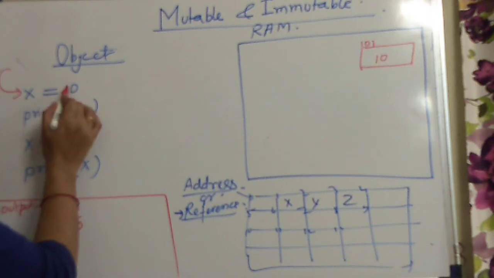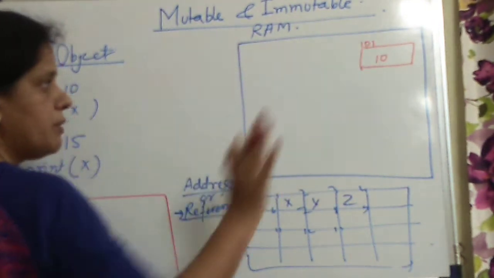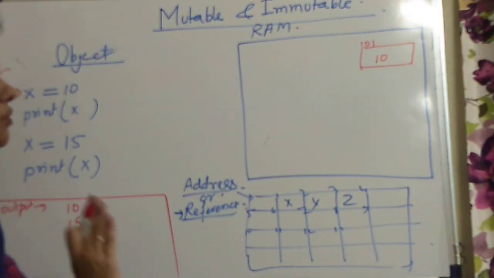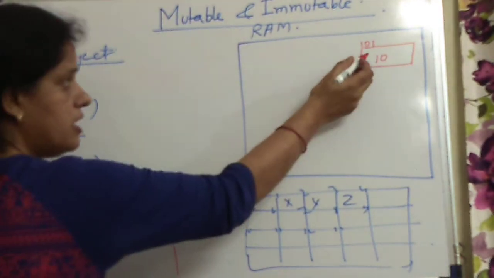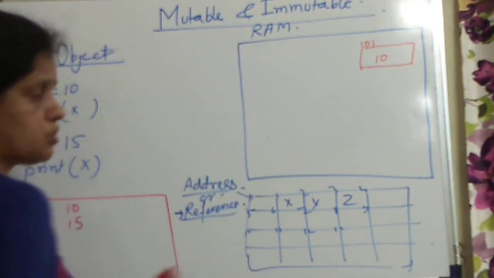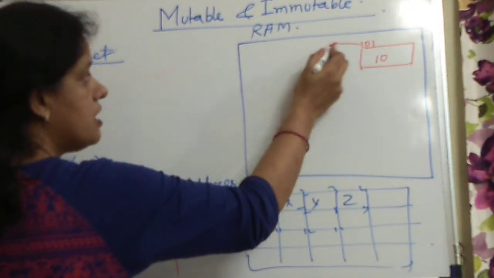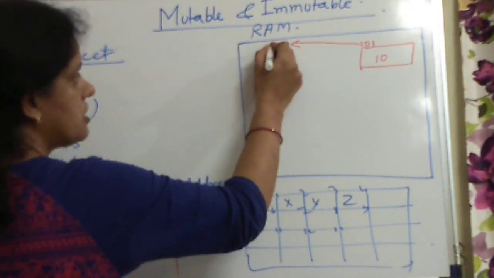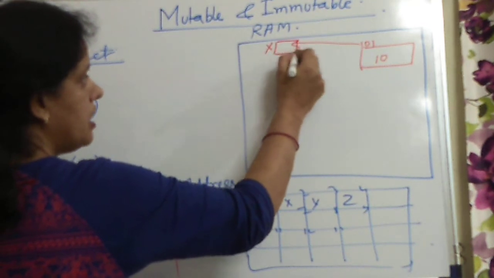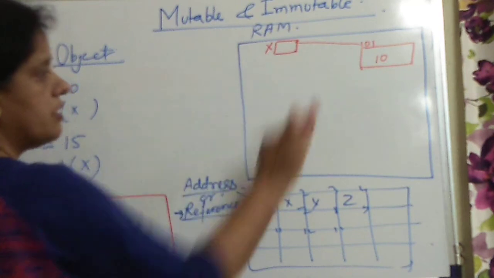Now, with x equals 10, the 10 will be stored in the memory somewhere, and after that, the address where the 10 is stored will be assigned to x, and x will occupy space somewhere else, right?